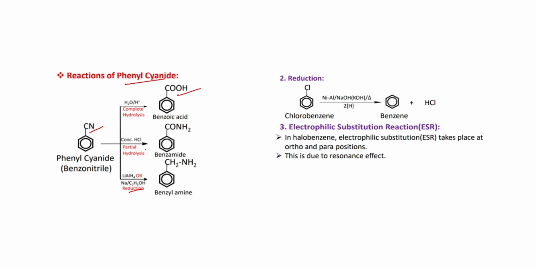When partial hydrolysis is done, then सबै totally replace हुँदैन, just CONH2 is added, that means it is benzamide. Benzamide is formed. And lastly, when the reduction takes place, then it gives benzylamine.